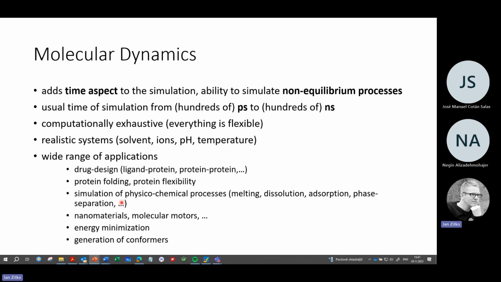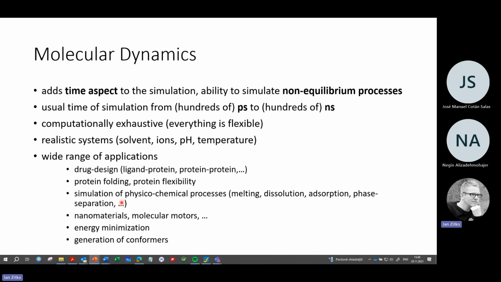You usually know this parameter as log P, the logarithm of the partition coefficient. You can, of course, measure this by partitioning the compound between two immiscible phases, octanol and water, and you can also simulate this process directly by molecular dynamics.